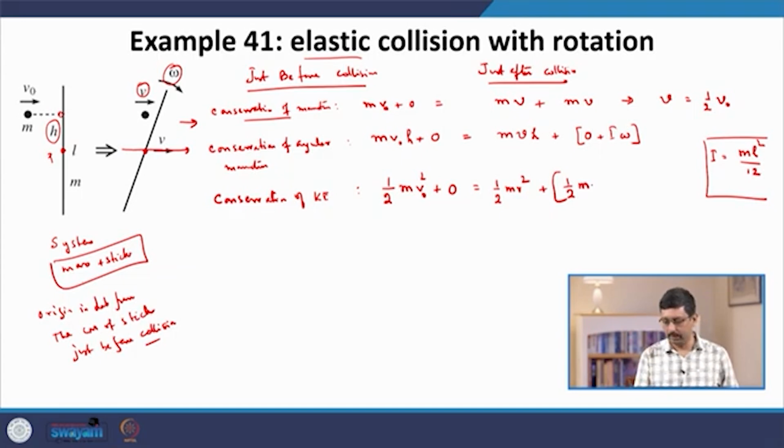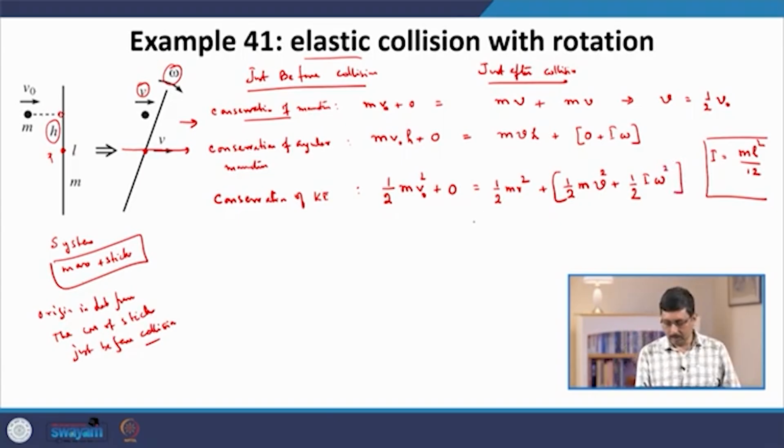So this is half m times v square plus the kinetic energy about the center of mass, which is half I omega square.